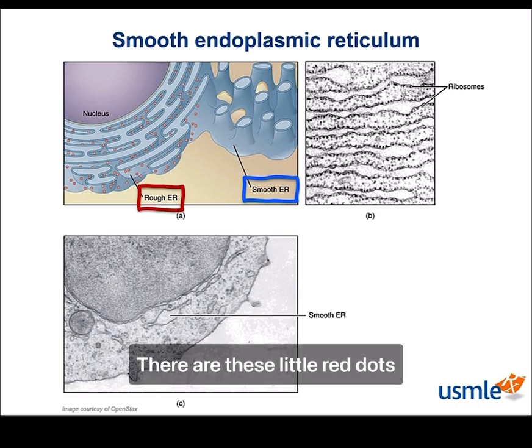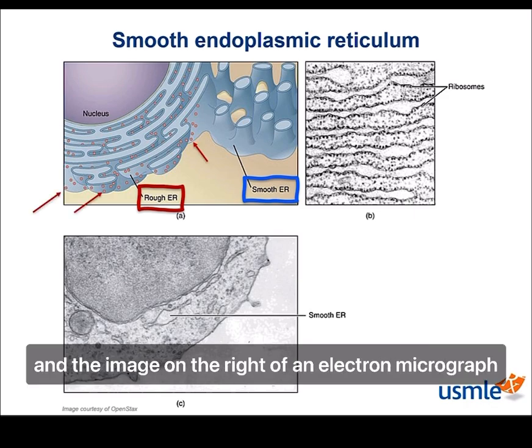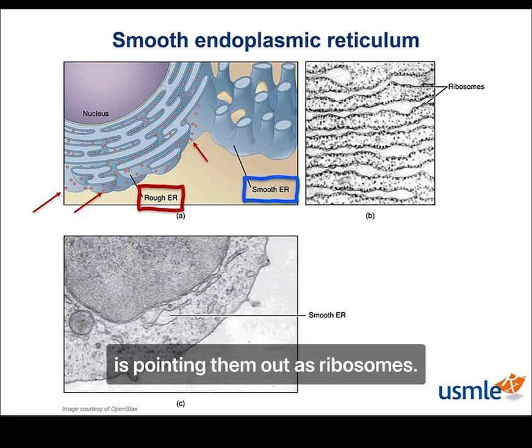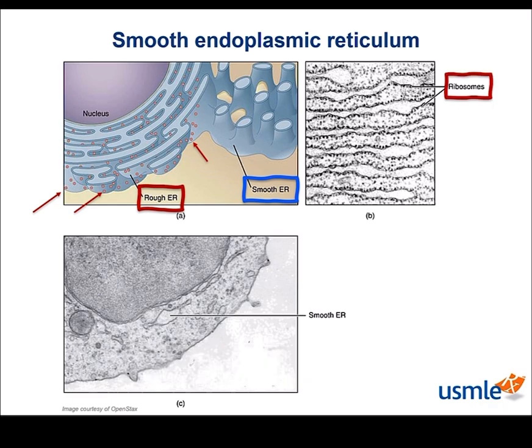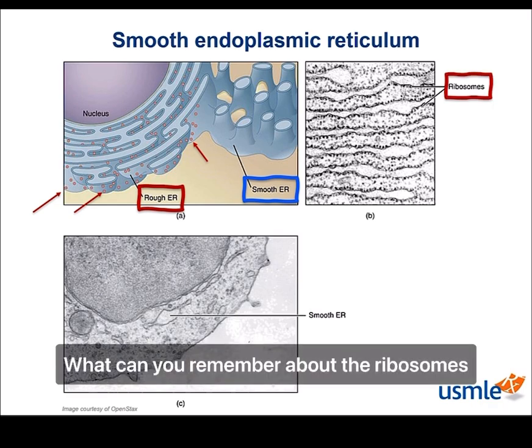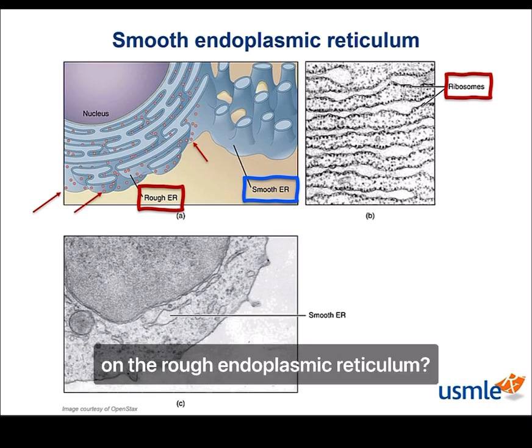There are these little red dots where these arrows are pointing, which in the image on the right of an electron micrograph is pointing them out as ribosomes. What can you remember about the ribosomes on the rough endoplasmic reticulum?